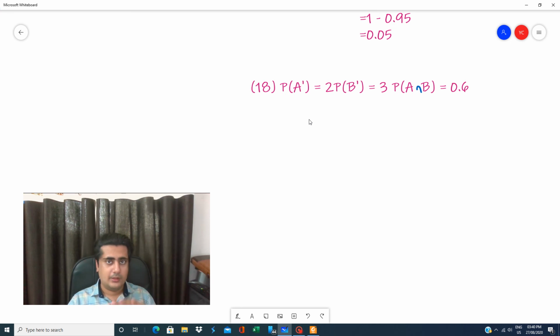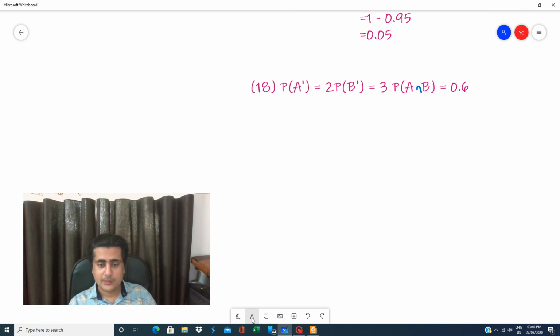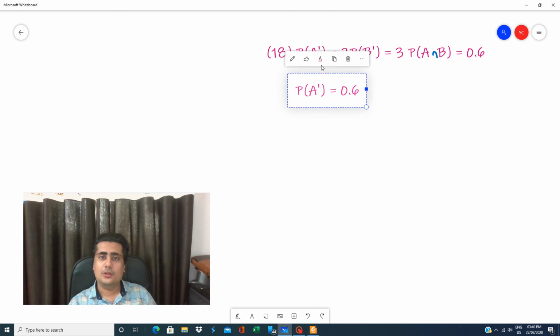When you were little, you were taught that if A equals B equals C equals D, then A equals D. What it means is that P of A dash is equal to 0.6.